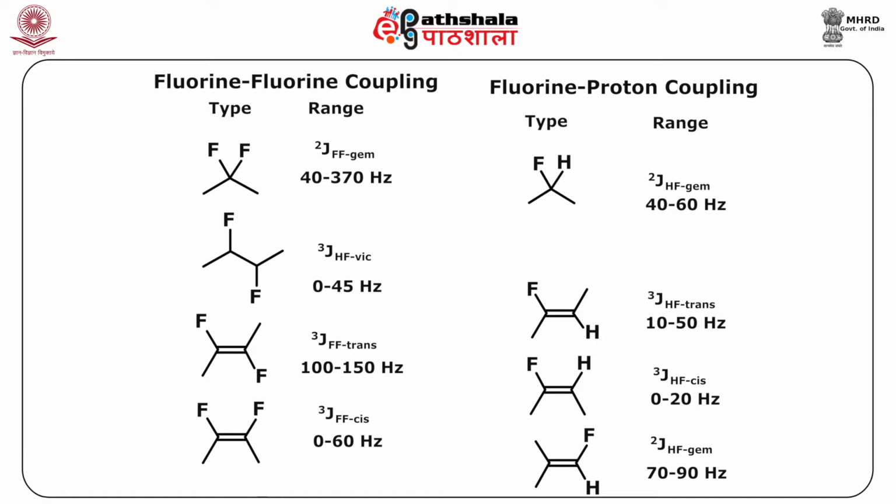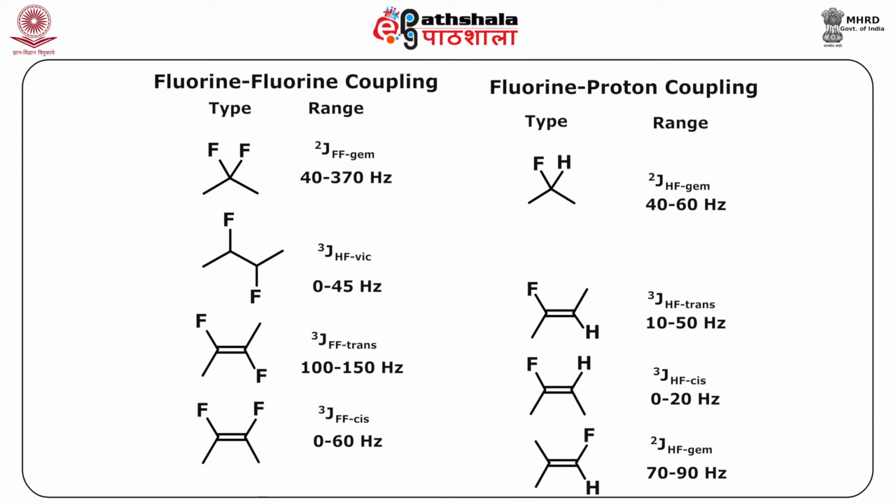Coupling between hydrogen and fluorine nuclei is also very strong. Geminal coupling ranges from 40 to 60 Hz and vicinal coupling ranges from 1 to 30 Hz. The cis hydrogen-fluorine coupling constants range from 0 to 20 Hz and the trans coupling constant value range is from 10 to 50 Hz.